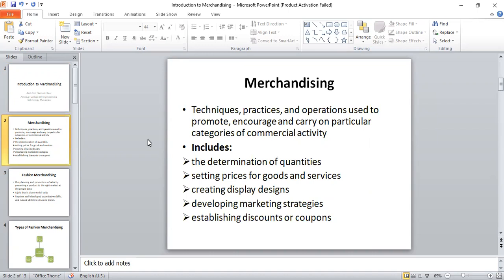Merchandising. The term merchandising is defined as a person who does buying and selling of goods for the purpose of making a profit.